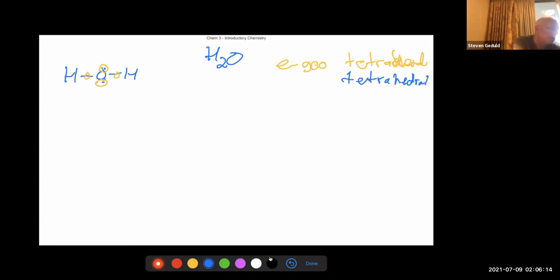So it's going to have 1 group here, there's oxygen in the center, 1 group coming out of the board, 1 group here, and 1 group going into the board. Okay, that's 1 group straight up, 1 coming out, 1 going back, and 1 in the same plane. Okay, I can't draw 3-dimensional to save my life.